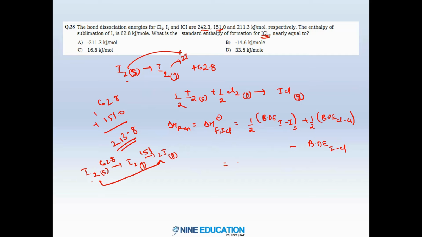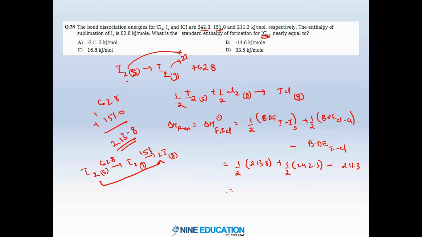So the enthalpy of formation will be 1 by 2 times bond dissociation energy of I solid, right? So this is the bond dissociation. If it breaks, it converts to this. Which is 213.8 plus 1 by 2 times bond dissociation energy of chlorine, given already, 242.3, minus bond dissociation energy of ICl, which is 211.3.